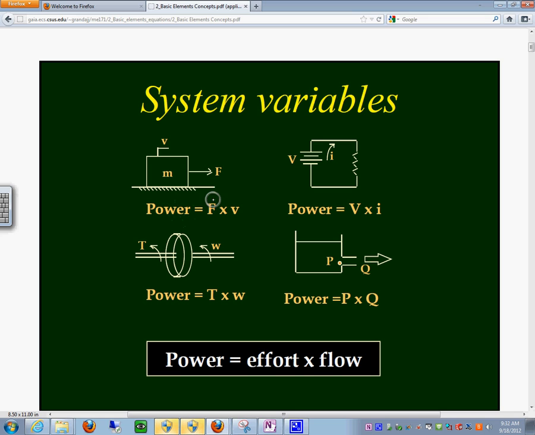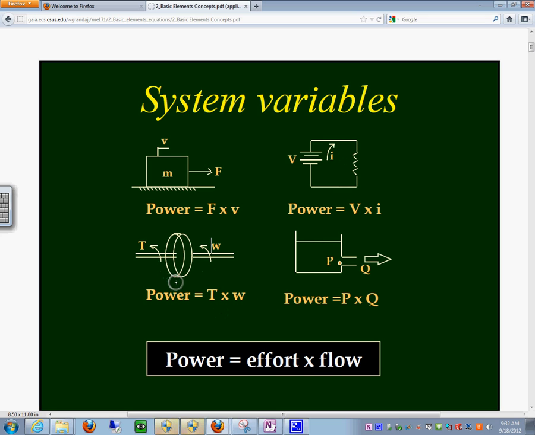The definition of power in a mechanical system is the force times the velocity. On the right-hand side we have an electrical system where you have the voltage and the current as the main power variables.